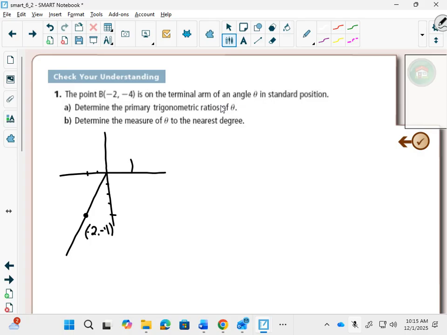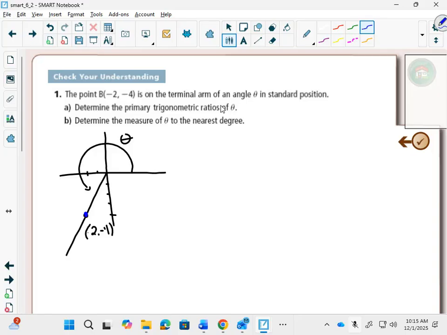So here's my angle theta in standard position. Now, anytime you have a point, you can make a triangle. And here, I hope you can see, I could easily make a triangle with the x-axis or with the y-axis. A temptation sometimes is to go from this point to the y-axis because it's closer.